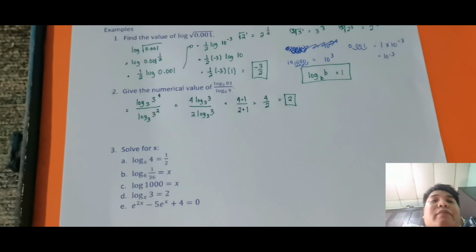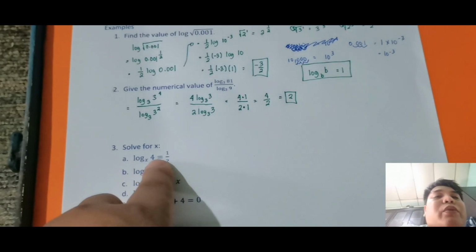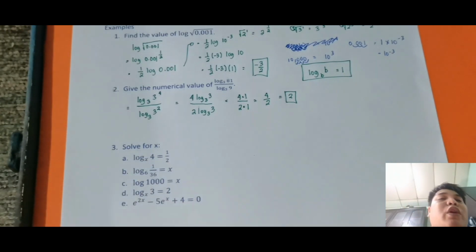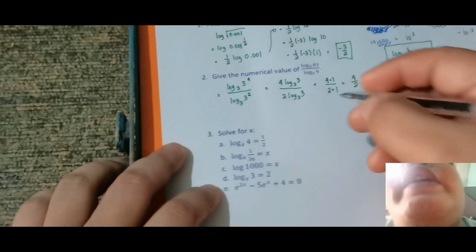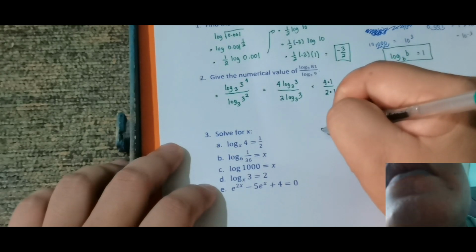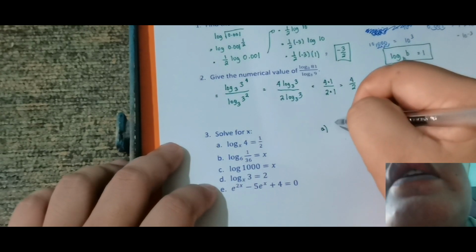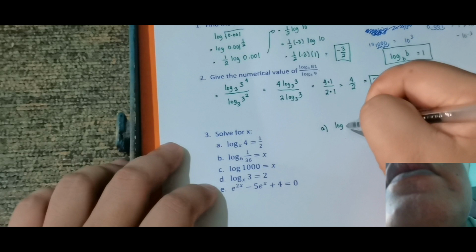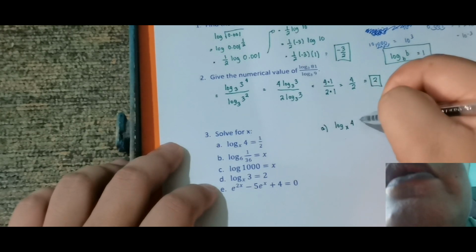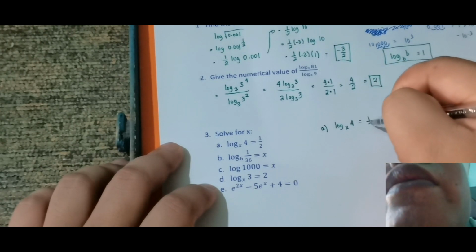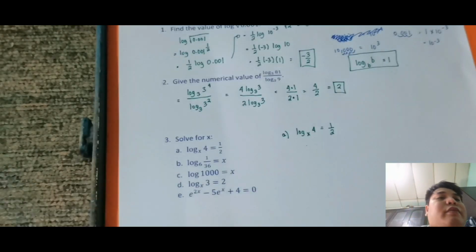Okay, so now let's move on, no? So we have letter A, logarithm of 4 to the base x is equal to 1/2. So for letter A, solve for x: logarithm of 4 to the base x is equal to 1/2. Okay, so paano natin solve to?